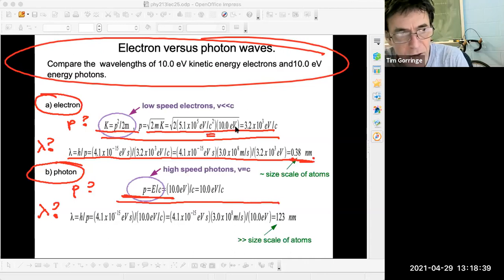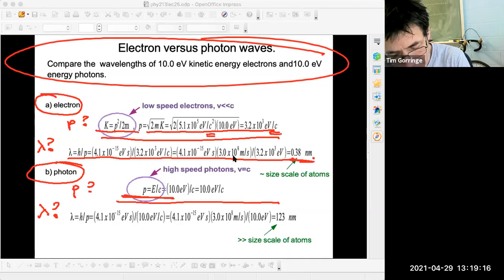Energy is measured in electron volts. Mass is measured in electron volts over c squared, speed of light squared. So there's a c squared here. That's why I had a c here when I took the square root. So when I plug into the de Broglie wave equation, Planck's constant and the momentum here is in units of electron volts over c.